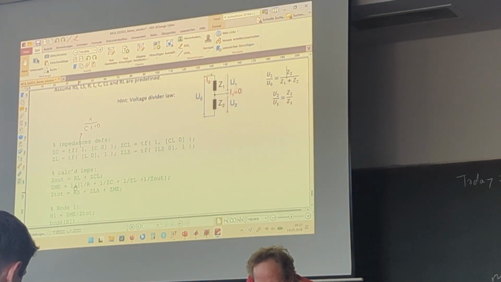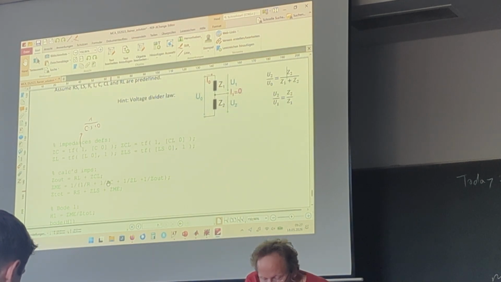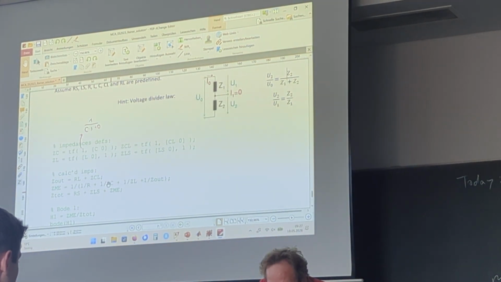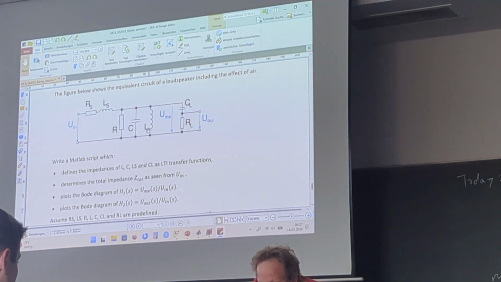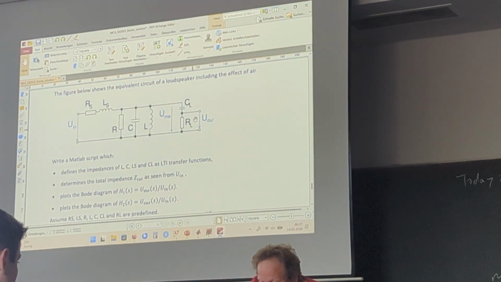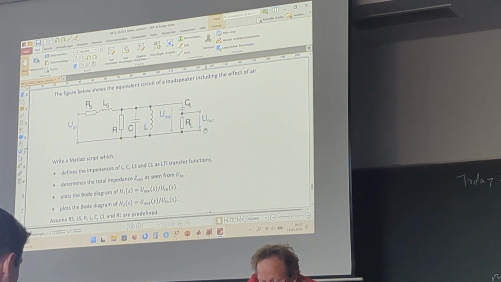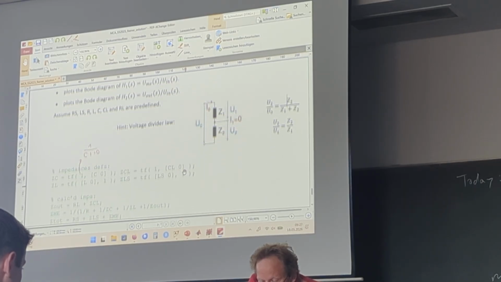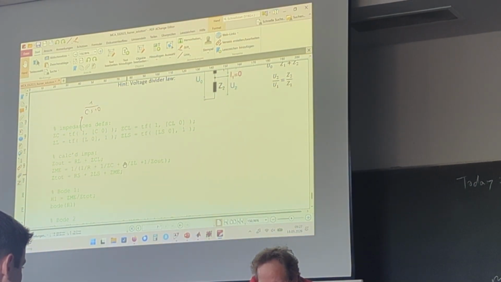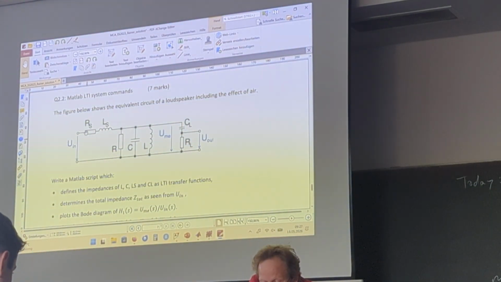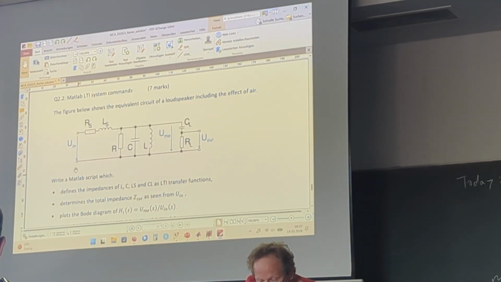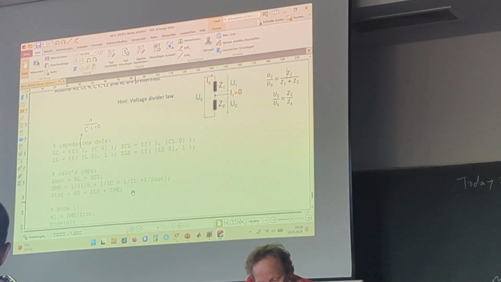And here we have to add admittances, so always inverse values of resistor, C, L, and of course also these output values. So that's this part. What's missing for the Z total, we have 2 more serial elements, RS and LS. So at the end you have to add these 2 impedances also. Okay, so that's the Z total.